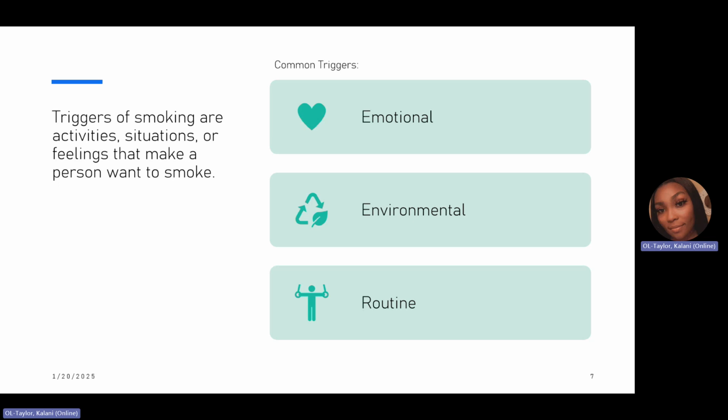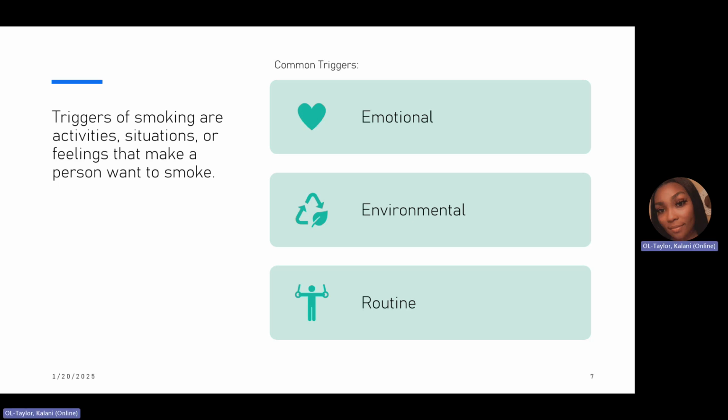A trigger can be identified as activities, situations, or feelings that make a person want to smoke. To get more in depth, emotional triggers can include anxiety, frustration, sadness, stress. And the most common feeling that triggers smoking or wanting to smoke is being anxious or being stressed.